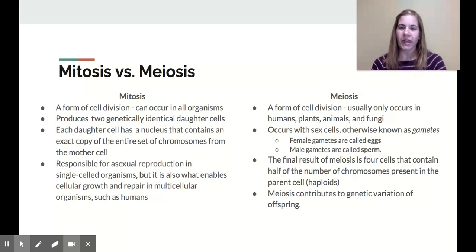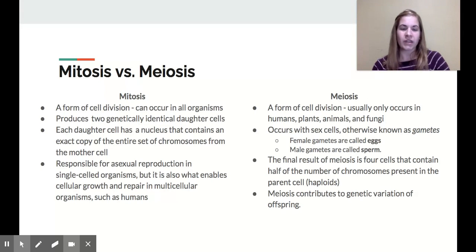We call them haploids because they only have half of the chromosomes. We'll look at the diagram next on how this is occurring, but that's really the difference. Mitosis is creating an identical cell when it reproduces. The meiosis process is creating 4 new cells, but they're not all identical because they're only containing half of the number of chromosomes.